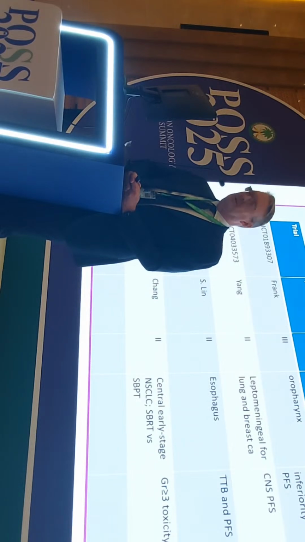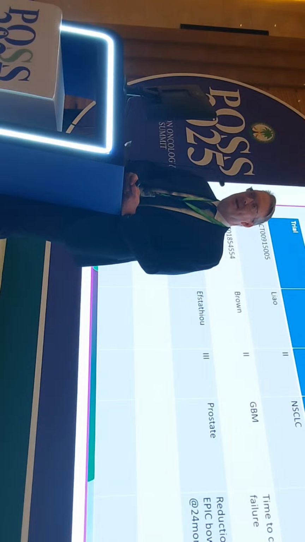There's a trial in medulloblastoma where patients get craniospinal radiation with protons versus localized radiation in the area of the tumor with photons that has a progression-free survival benefit in the CNS. Steven Lin has a phase 2 esophagus trial at MD Anderson that's positive, and there's also a small trial of lung cancer that's positive.